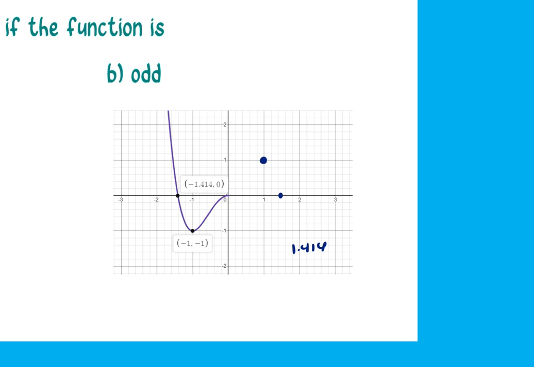So it kind of does this. If I wanted to plot another point over here, like negative 1.5 and 2, then I would be going positive 1.5 and negative 2. So you can mirror any point.